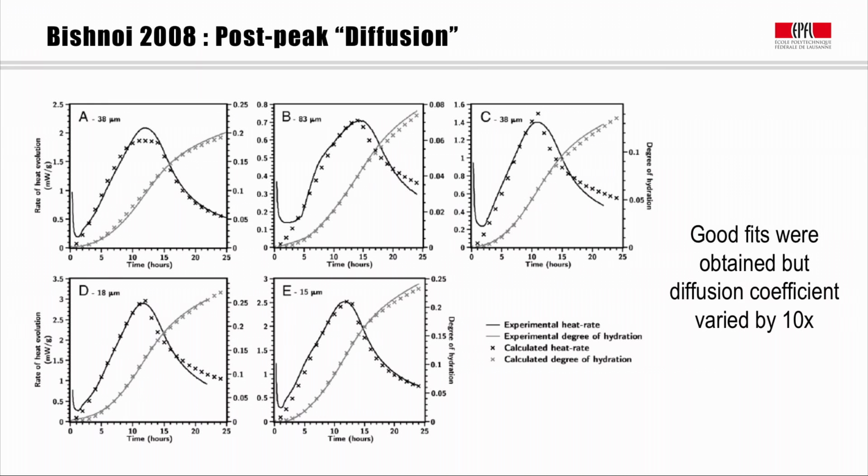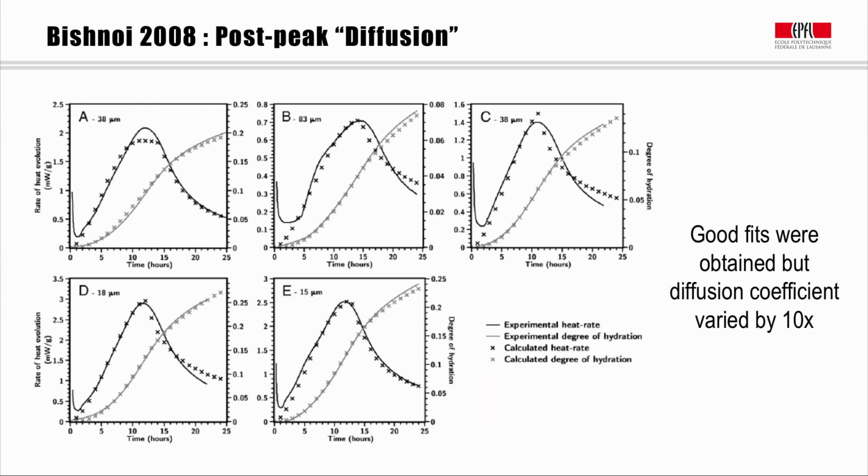Now, this makes absolutely no sense whatsoever, because this is exactly the same alite, we're forming exactly the same CSH, and there's absolutely no reason that the diffusion coefficient of that CSH should change by an order of magnitude. Clearly what this shows is, you can make a lot of mechanisms fit, but you have to go further to really see what can be the right theory.